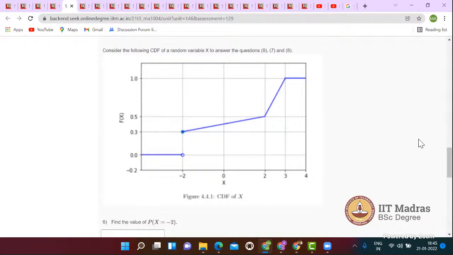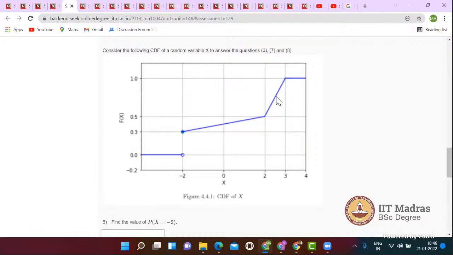Can you explain this once more, sir? I have found the equation of line for both of the lines, and then I have substituted it in f of 2.5 minus f of 0. What's the equation of this line? 0.5x. Then if you put 2.5 in that, you'll be getting 0.125.